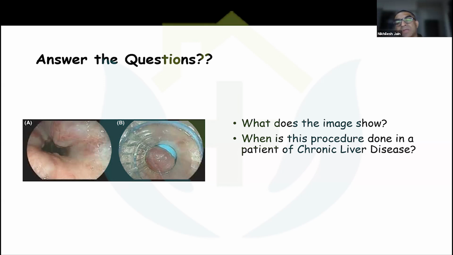Basically, TIPS does something similar, wherein you do a balloon obstruction. They go through the renal vein, then by interventional radiology through the splenic vein, and then they make a balloon obstruction. I forgot the name. Balloon obstruction is typically done by TIPS only.